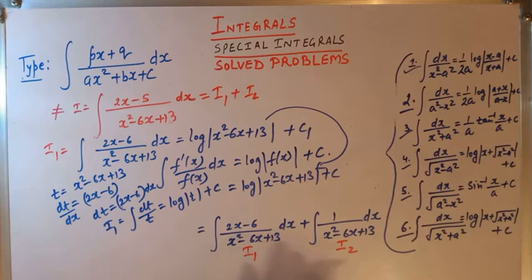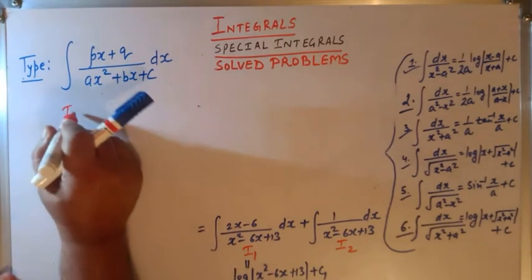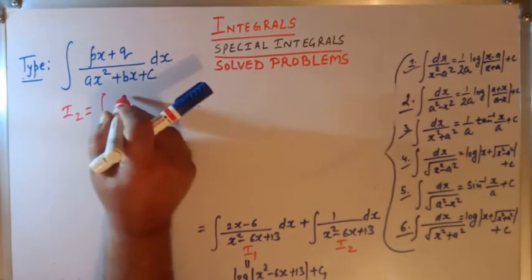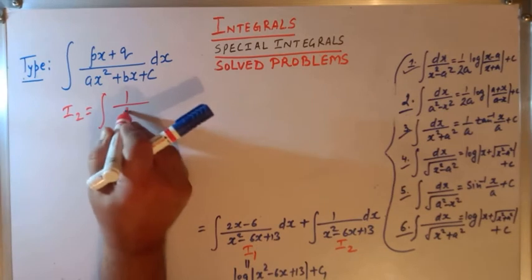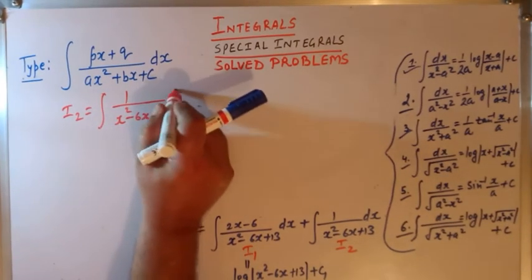Now let us calculate the integral I2. Now the integral I2 is 1 over (x square minus 6x plus 13) dx.